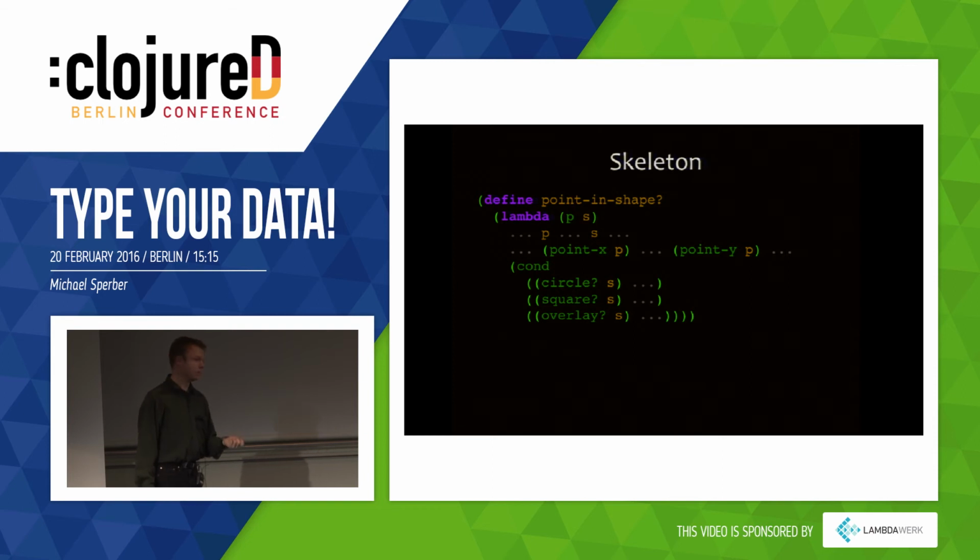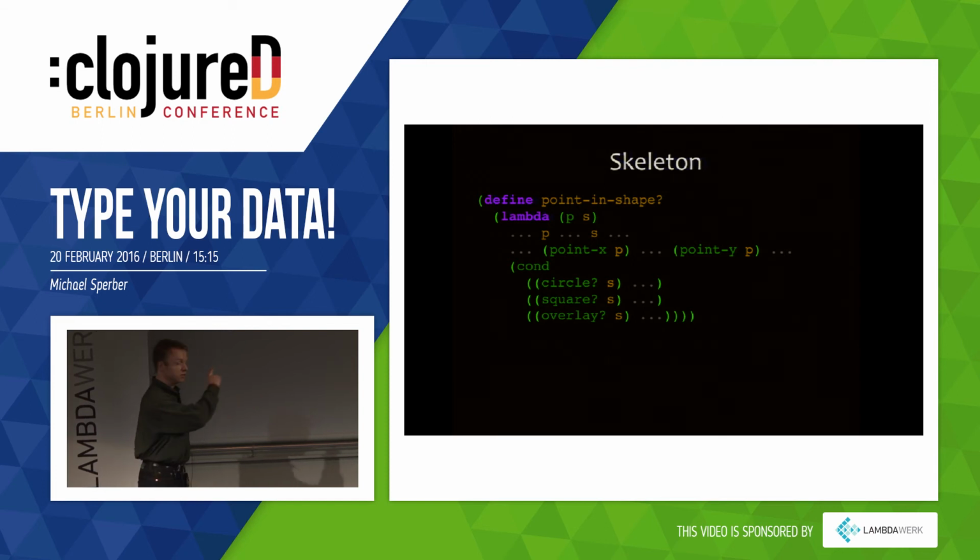And with mixed data, there's not much you can do with mixed data because you know there's these different things mixed together, and in order to do anything useful, you need to find out which one of those classes your object belongs to. So you're going to need a cond that just uses the predicates to identify whether you're dealing with a circle, a square, or an overlay. Does that make sense?